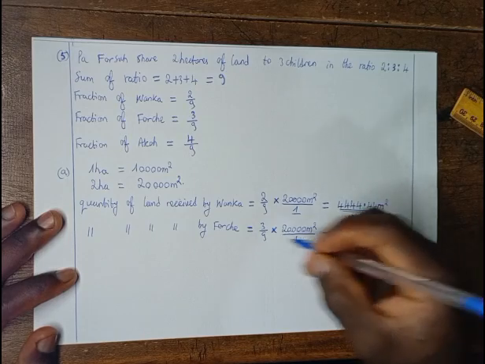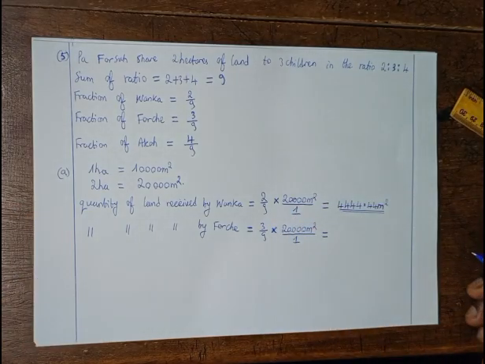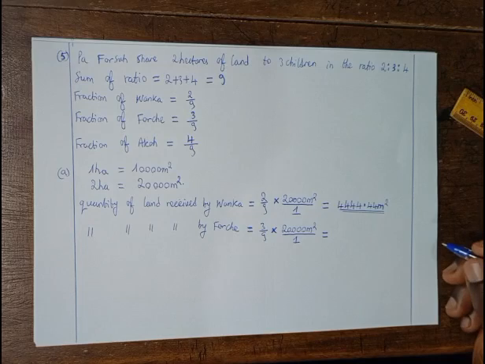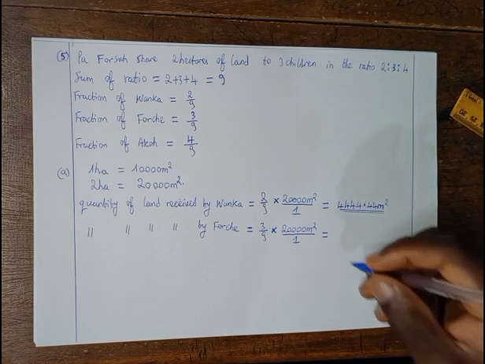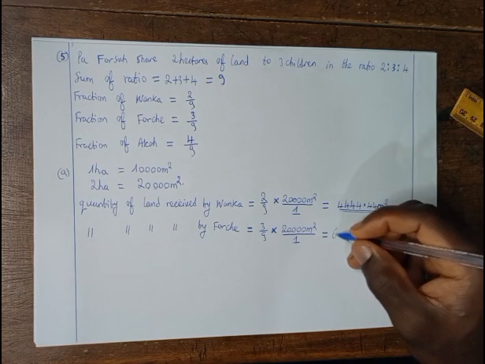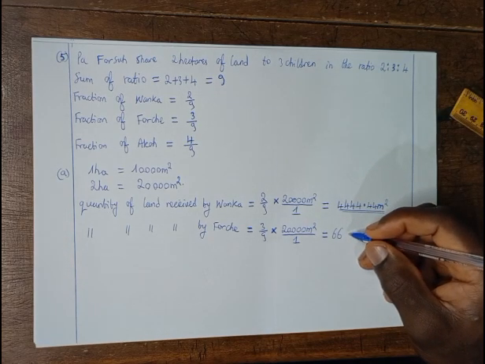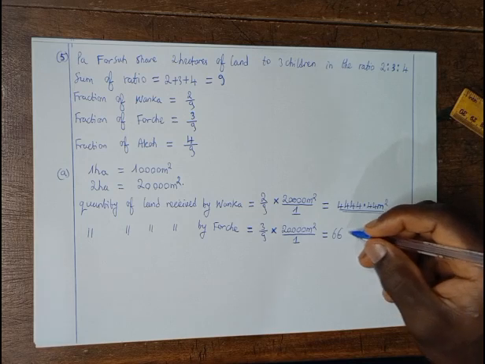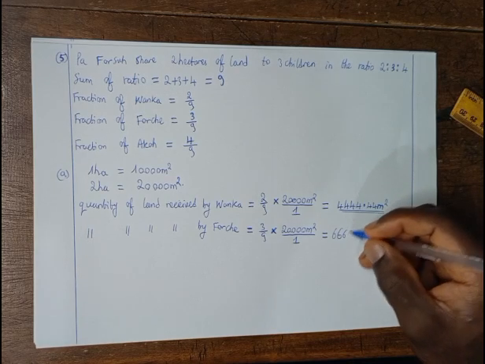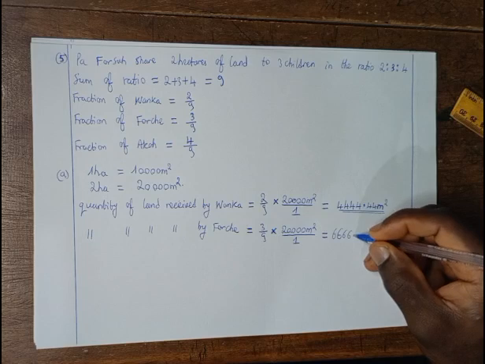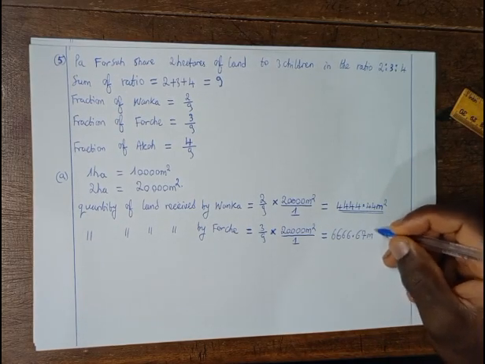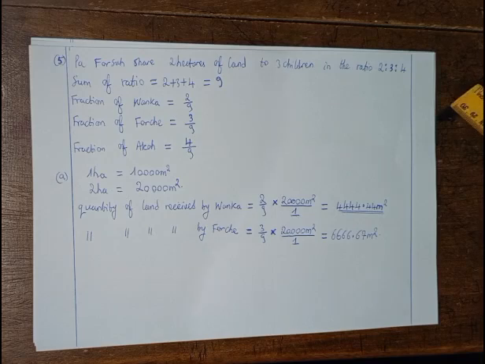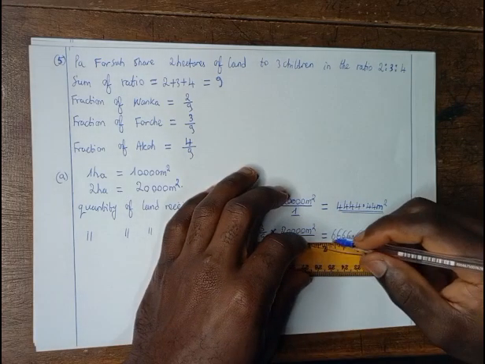We know 3/9 can be simplified. This will give us 1/3. So we are simply going to divide 20,000 by 3. So this will give us 6,666.67 meters squared, to two decimal places. This is the portion of land received by Uche.